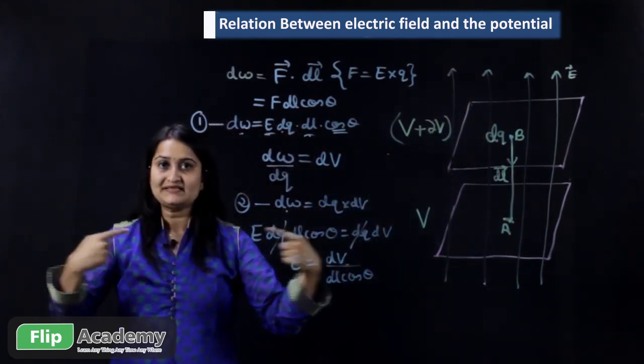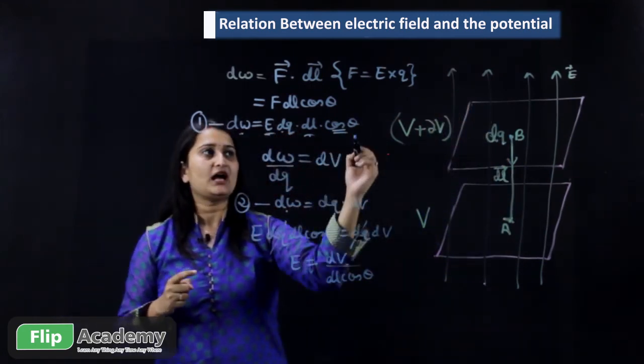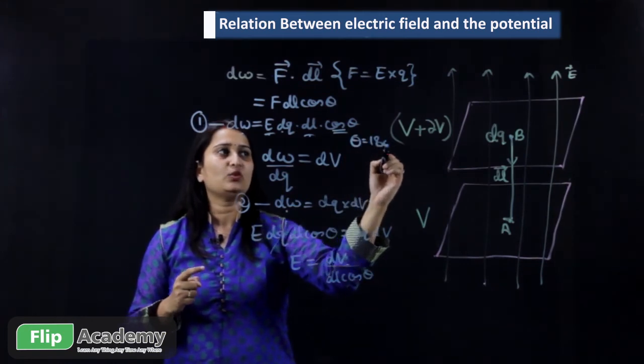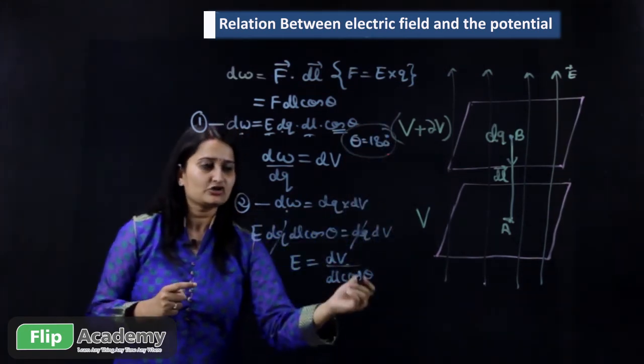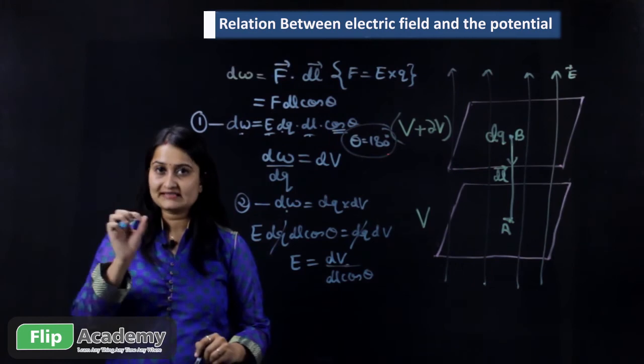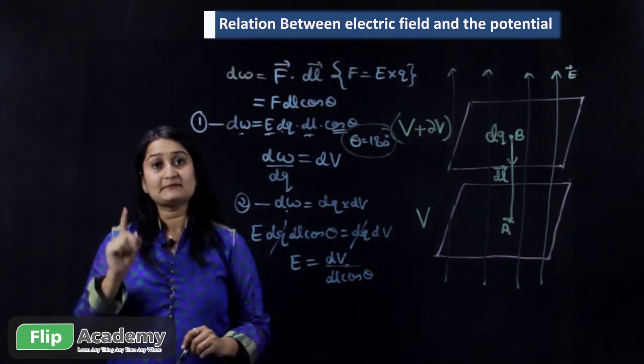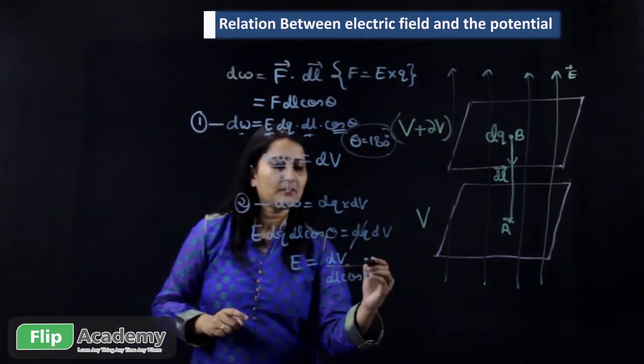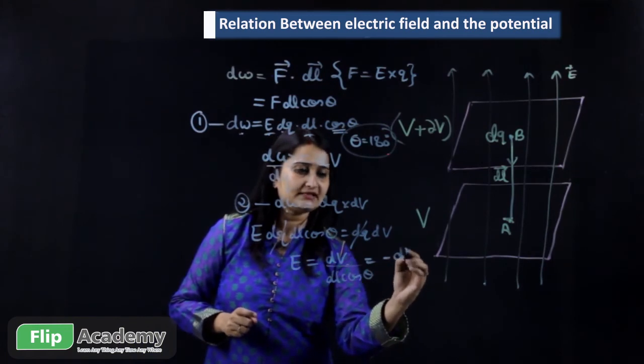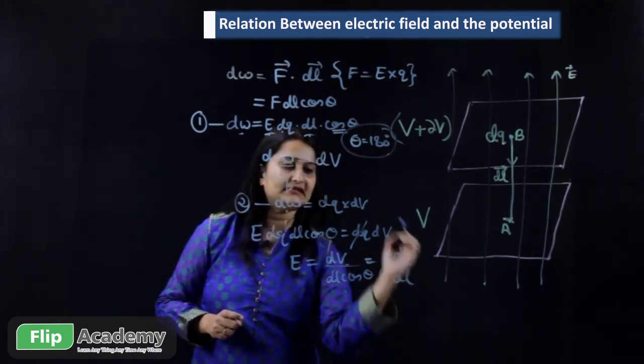Both are going in opposite directions, so theta in this condition is 180 degrees. So now I am going to put in cos theta. Cos 180 degrees is minus 1. So on putting the value, you will get E is equal to minus dV upon dl.